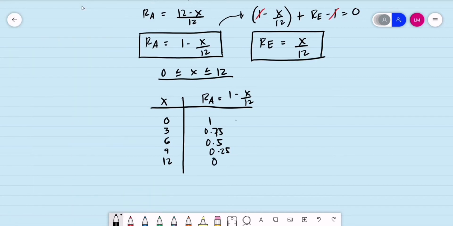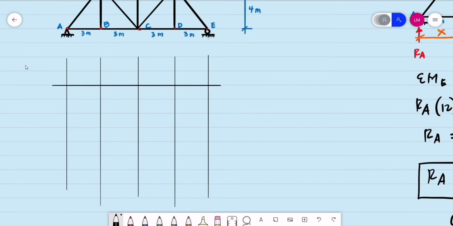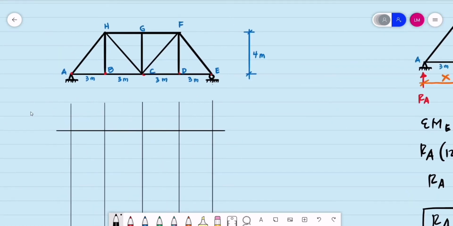So these are the ordinates of the influence line diagram for the reaction at A. If we are to draw this, at x equal to 0, the value of the ILD for R sub A is 1.